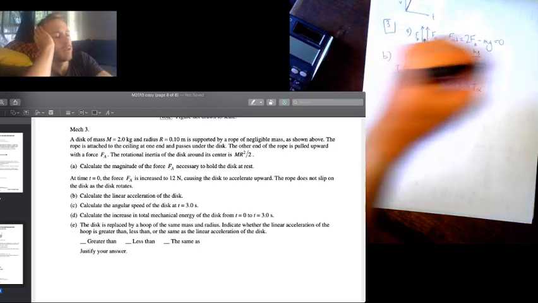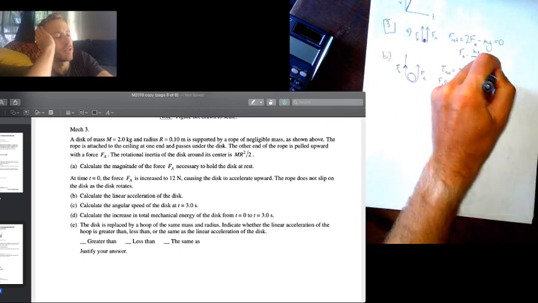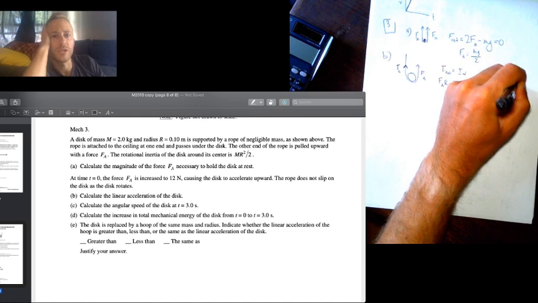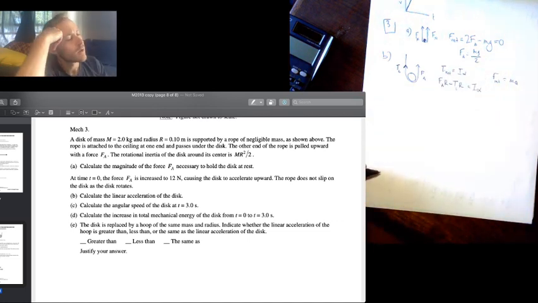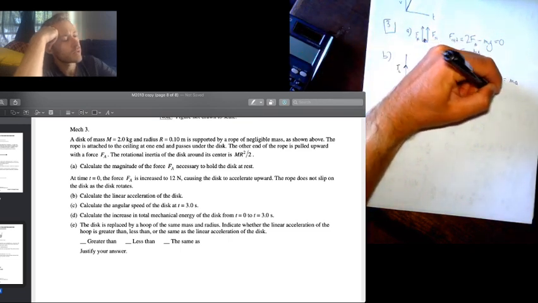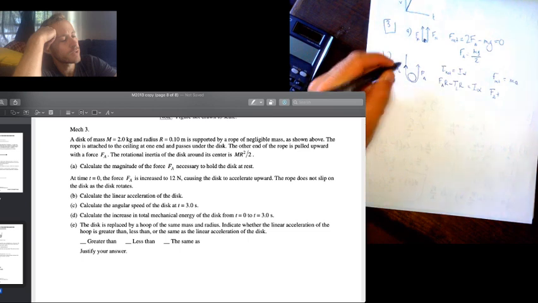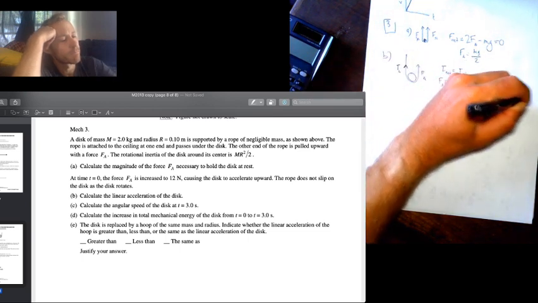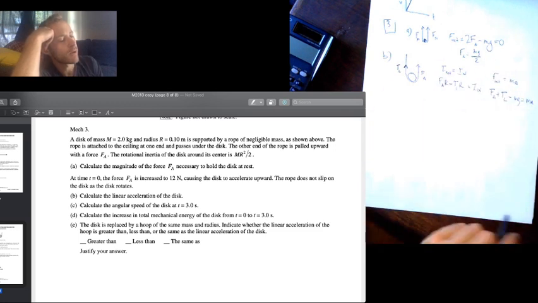Then we have the linear form of Newton's second law, which is just F sub A plus T sub L, the tension on the left, minus mg equals ma. All right?